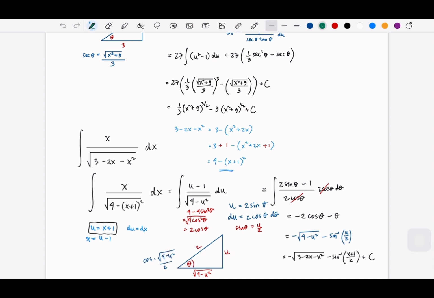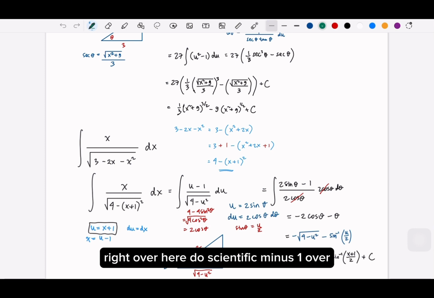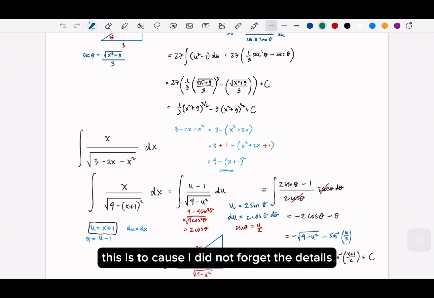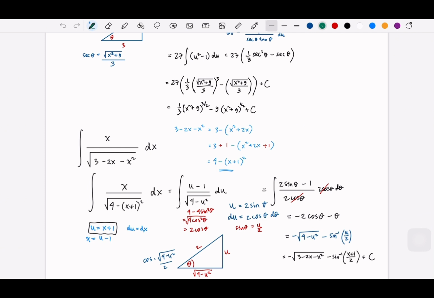Here will be, let me write over here, 2 sine theta minus 1 over the square root, and this is 2 cosine theta. I'll forget the theta. And this will be equal.